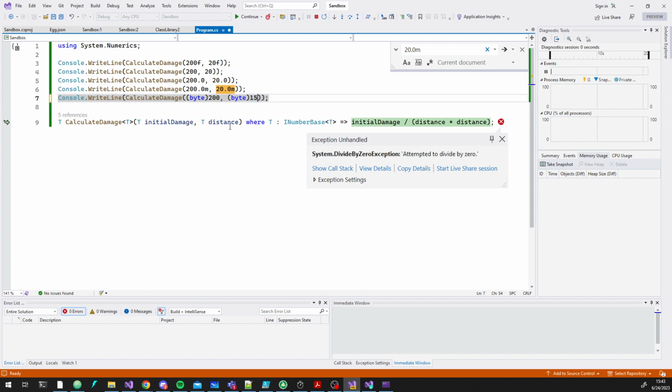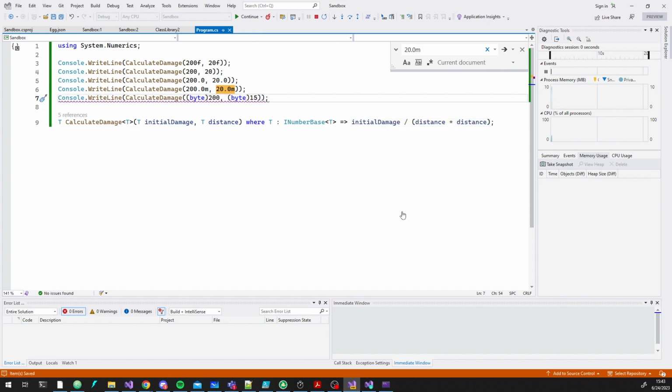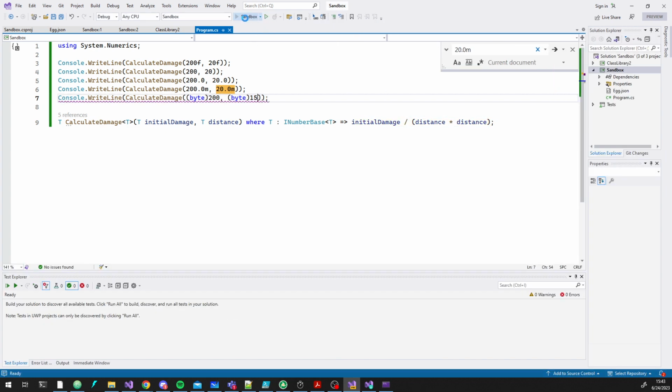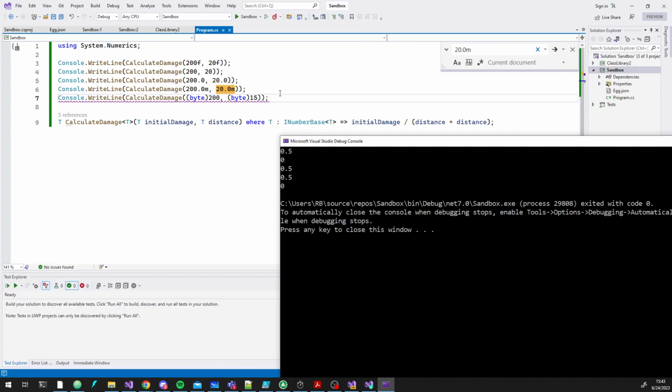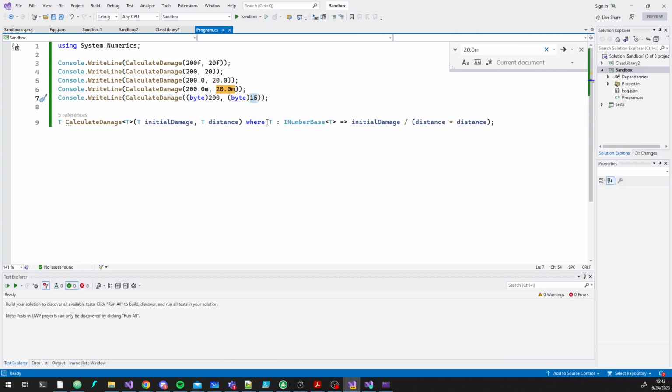So let's try a different number here. Well, now that I'm below 16, it's going to give me the right answer, because now 15 times 15 is, I don't know what off the top of my head, but less than 256. There's no wraparound, so maybe I should go bigger.